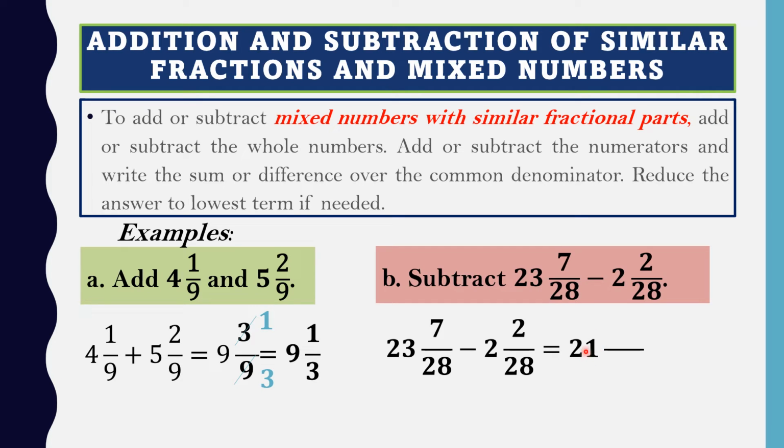So that is our whole number. And then copy our common denominator, which is 28. And 7 minus 2 here is equal to 5. And 5 and 28 do not have any common factor. That's why our final answer is 21 and 5/28.